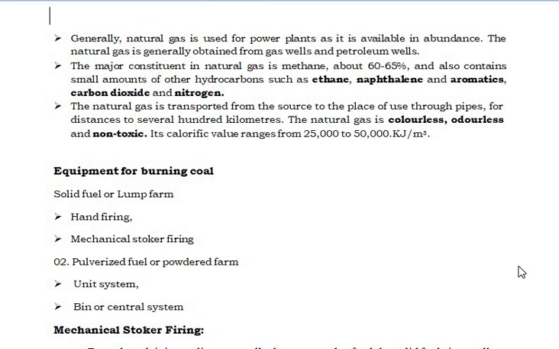The natural gas is transported from the source to the place of use through pipes over distances of several hundred kilometers. Natural gas is colorless, odorless, and non-toxic. Its calorific value, the CV, ranges from 25,000 to 50,000 kilojoules per cubic meter.